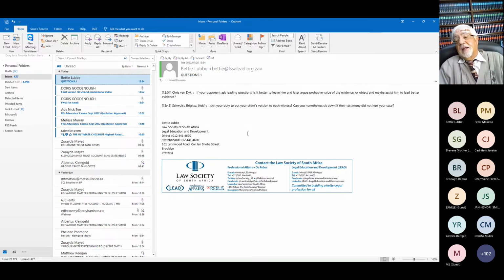So we're sitting in the gallery, and there's the silk asking one leading question after another. The judge said nothing. The opponent, who is a silk, said nothing. And I thought, but hold on, this is wrong. He's supposed to object. The judge was supposed to stop him. Well, this went on for a while, and then the silk on the other side stood up slowly and said, my lord, may I just say how well my learned friend is giving evidence? And he sat down. And that was the end of it, because that's what it is.